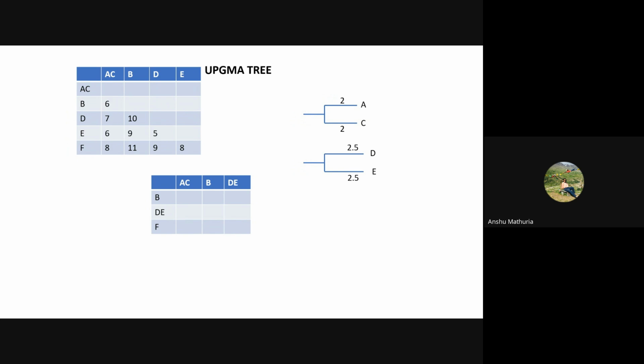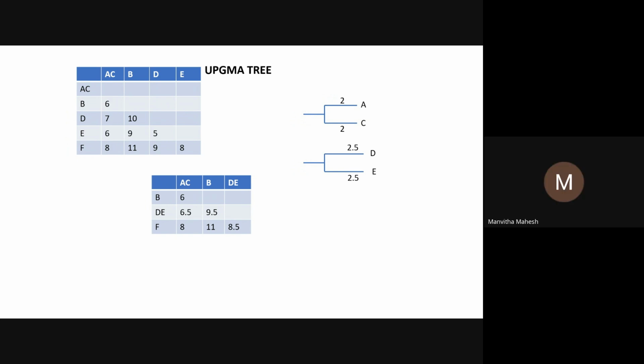Is it done? Yes, ma'am. Okay. So I will just show the values. Are the values similar or is there any difference? Yes, ma'am.